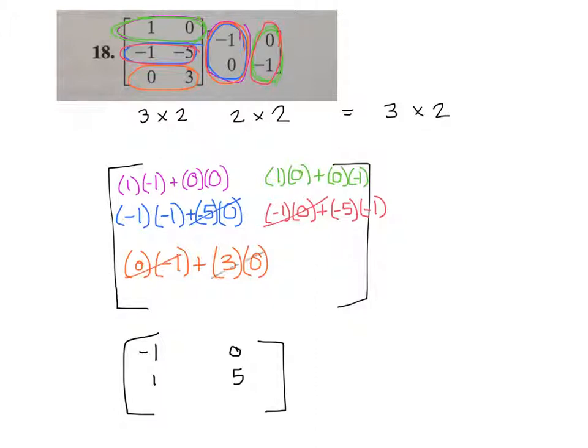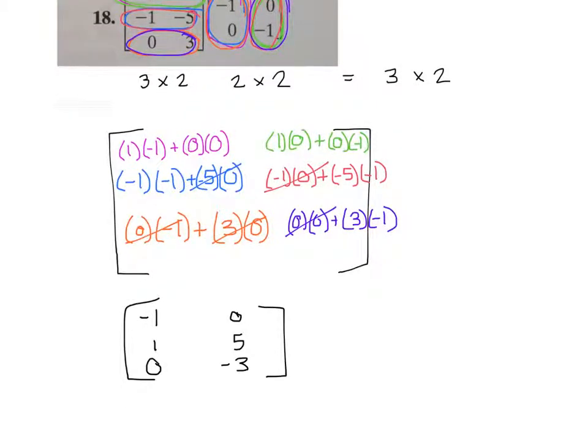They both have zeros, so that one is just 0. For the last one, we're looking for row 3, column 2. So I take row 3, column 2. So that's 0 times 0 plus 3 times negative 1. Zeros cancel each other out. 3 times negative 1 is negative 3. So there is our answer.